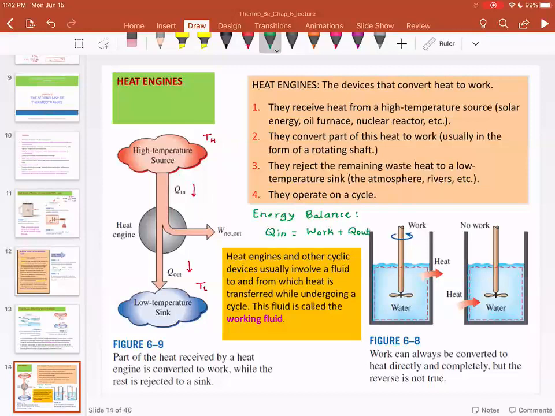So the energy balance equation is Q in is equal to work done plus Q out. And efficiency is always work done divided by Q in. And remember this equation.